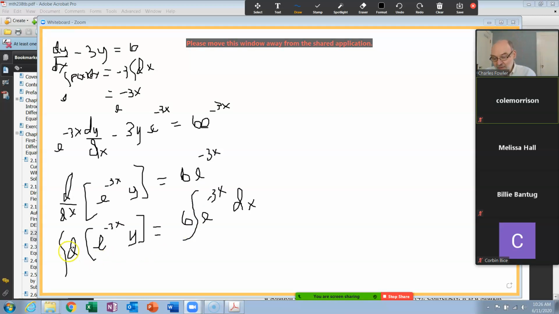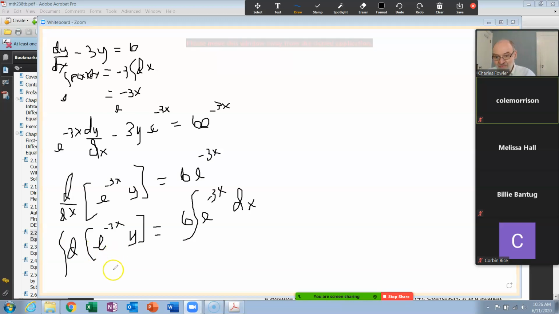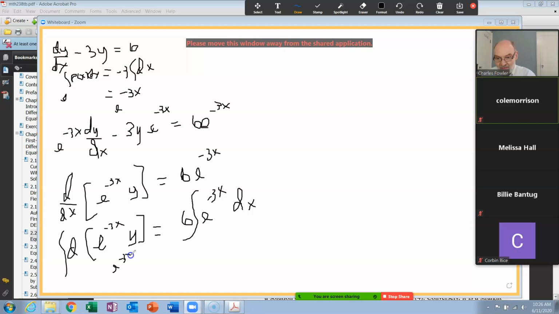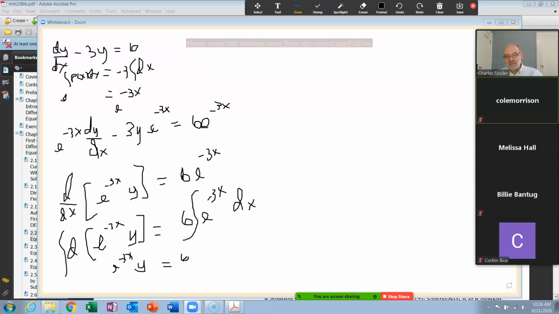So anyway, the integral of a perfect derivative is the argument, which is e to the minus 3x, it's supposed to be an x, okay, times y, and this is equal to, on this side we can integrate, can't we? The 6 is on the outside. How good is your integration? What's the antiderivative of e to the minus 3x?